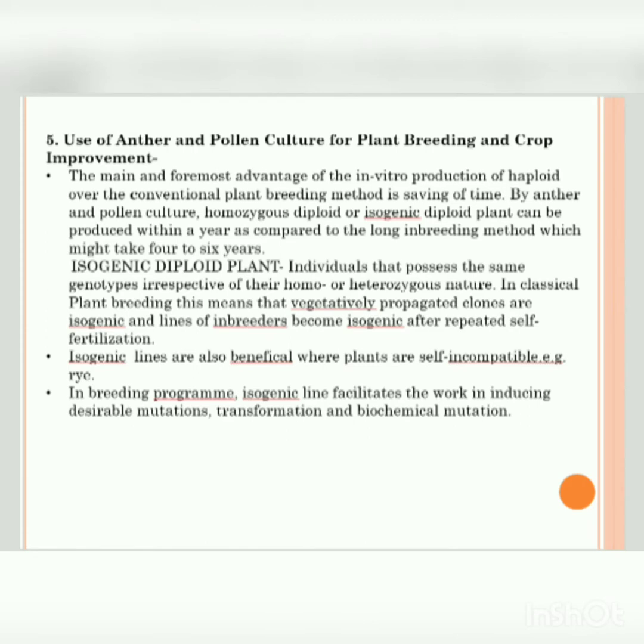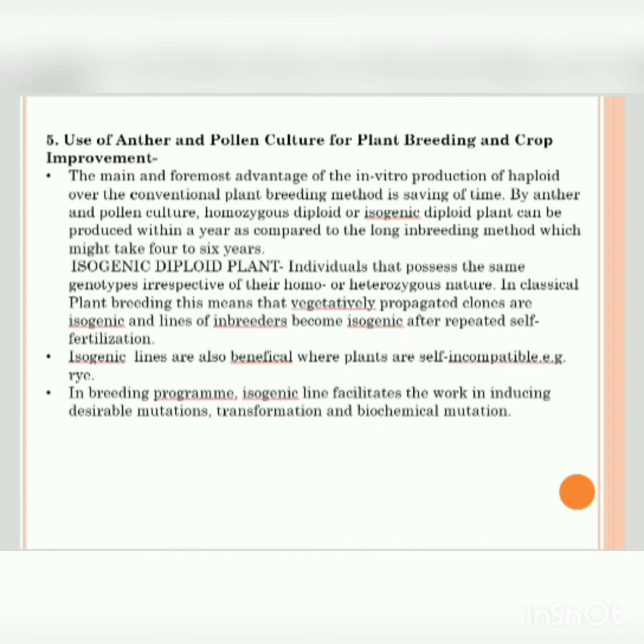By anther and pollen culture, homozygous diploids or isogenic diploid plants can be produced within a year, as compared to the long inbreeding method, which might take 4 to 6 years. Isogenic diploid plants are individuals that possess the same genotypes irrespective of their homo- or heterozygous nature.